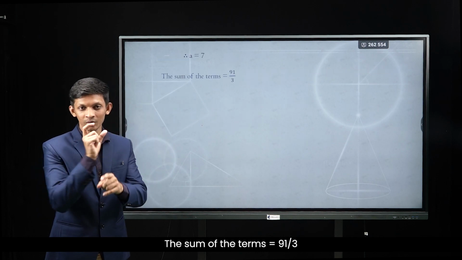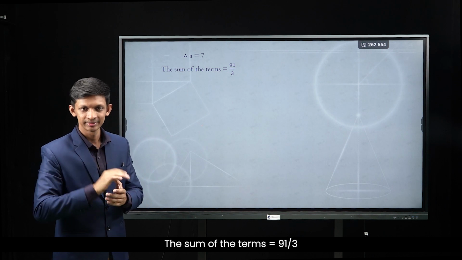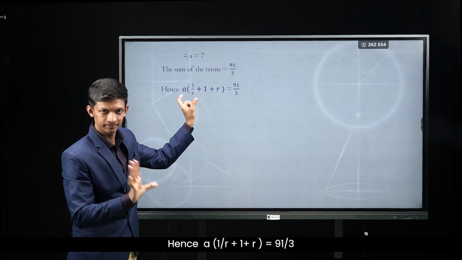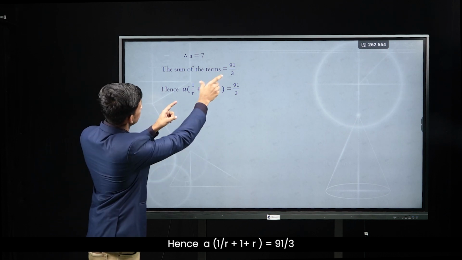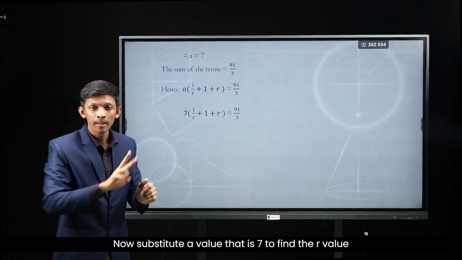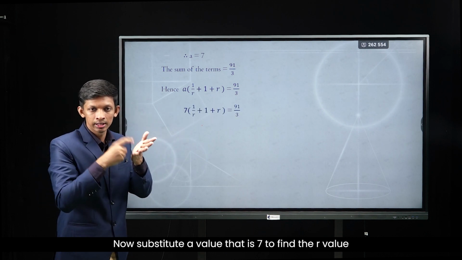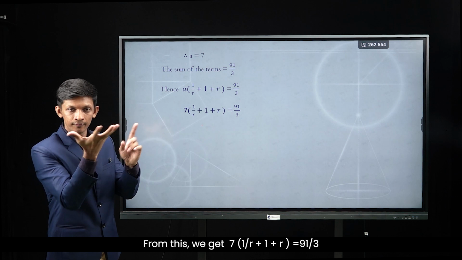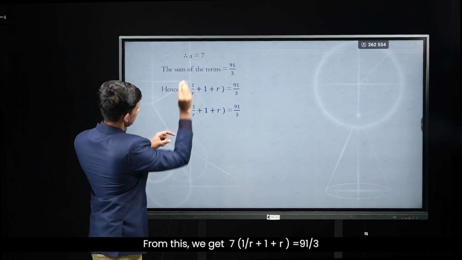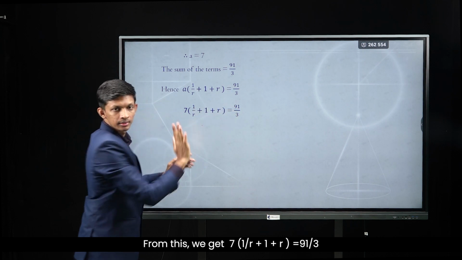The sum of the terms is equal to 91 by 3. Hence, a into 1 by r plus 1 plus r is equal to 91 by 3. Now substitute a value, that is 7, to find r value. From this we get 7 into 1 by r plus 1 plus r is equal to 91 by 3.